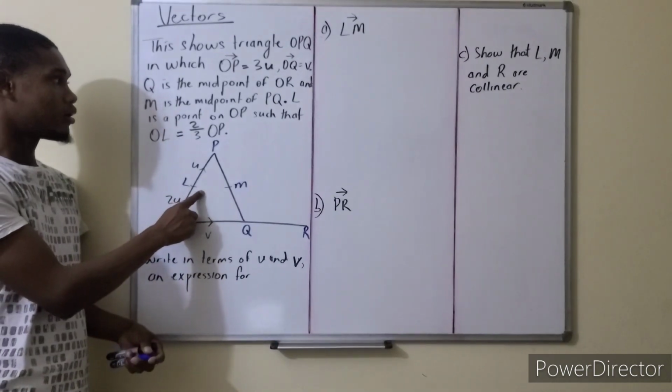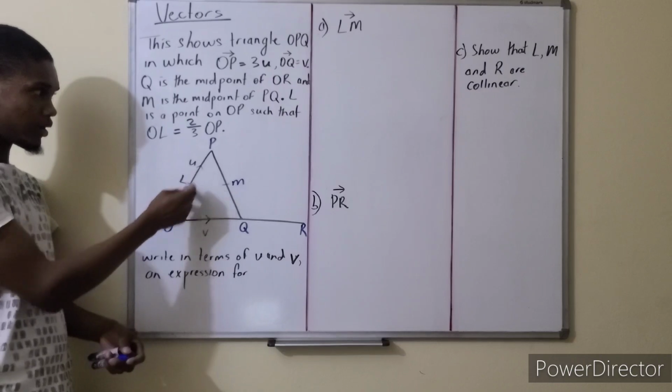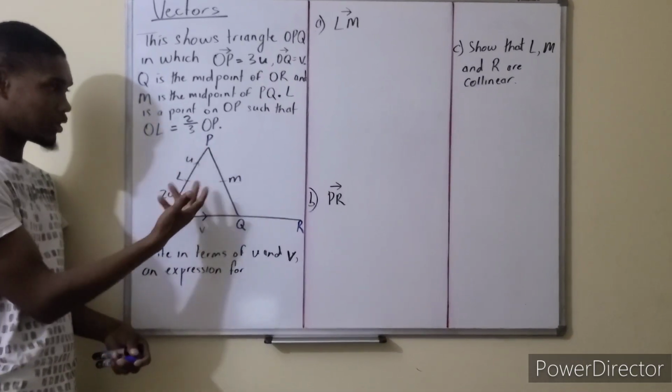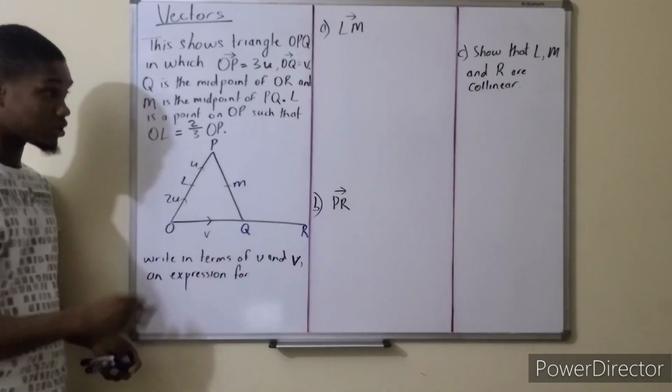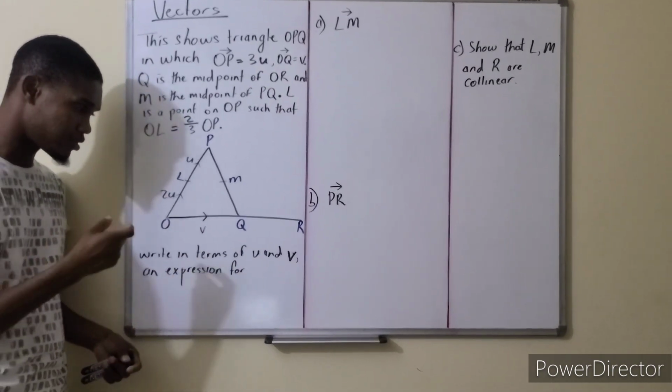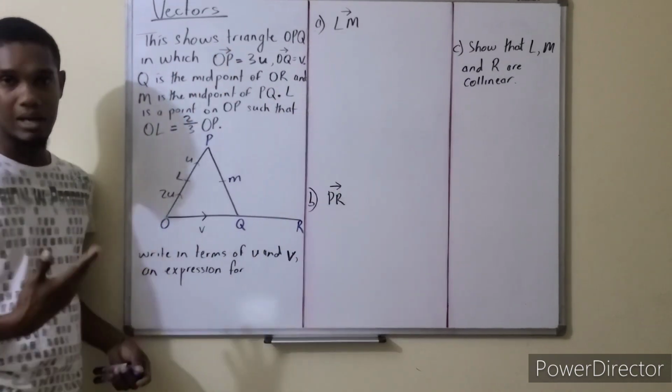L is a point on OP such that OL is 2/3 of OP. They would have given this exact sketch as it was. After that, they now said, write in terms of U and V an expression for LM.